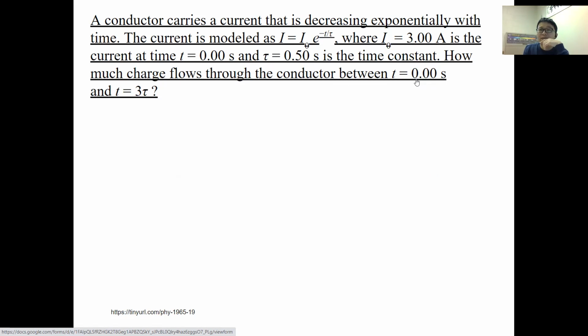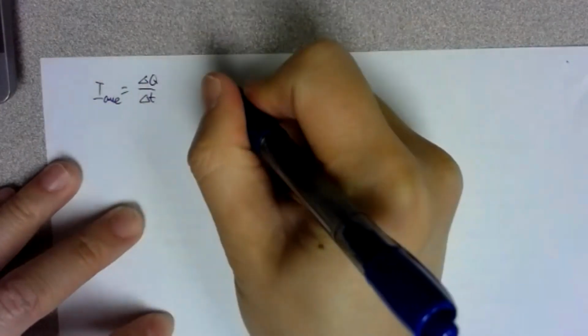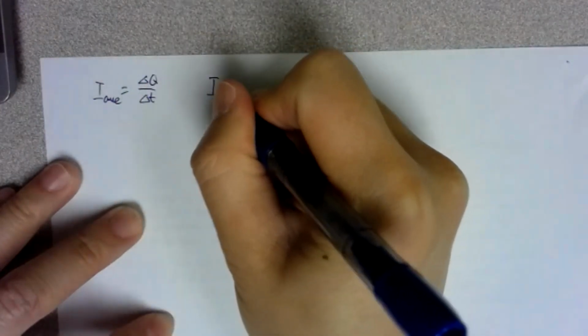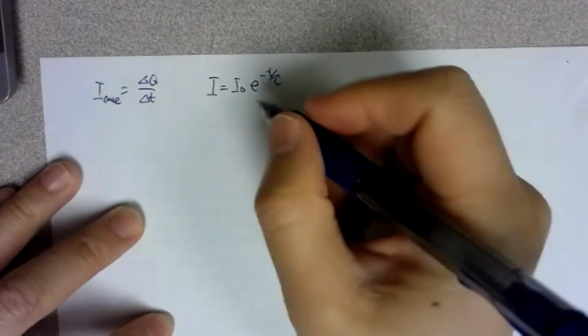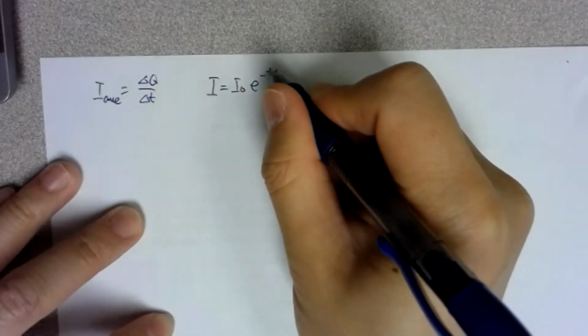Okay, so in this case, your charge is varying. According to the definition, if you are looking for the average, it is delta Q over delta T. But in this case, I as a function of time is I naught e to the minus t over tau, so this is instantaneous current.